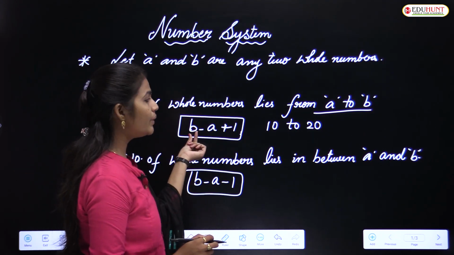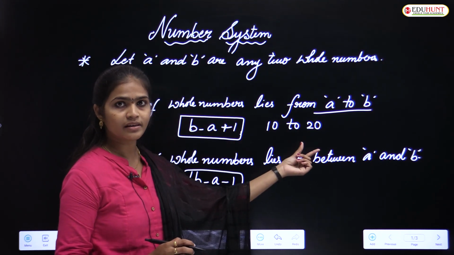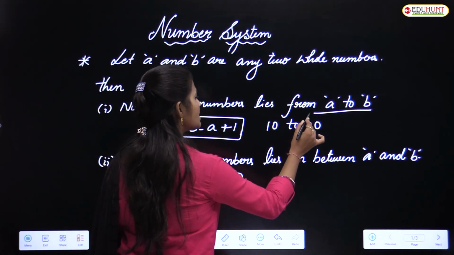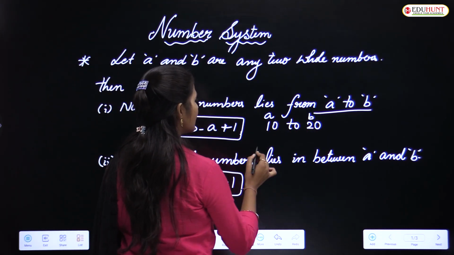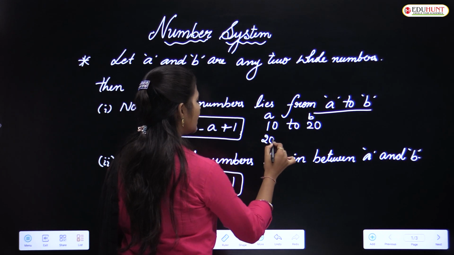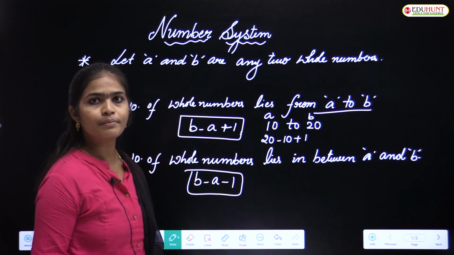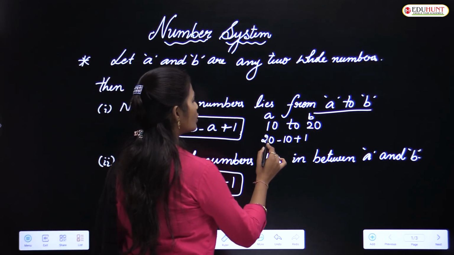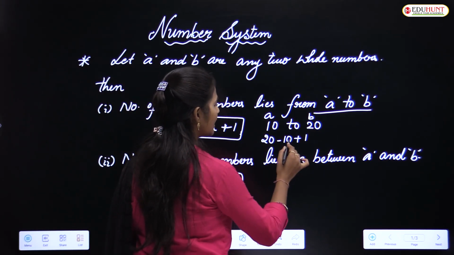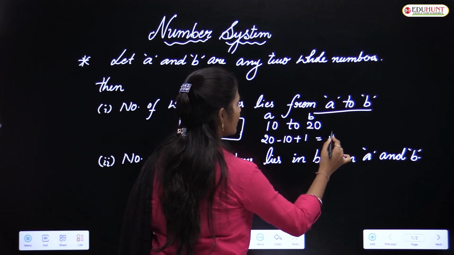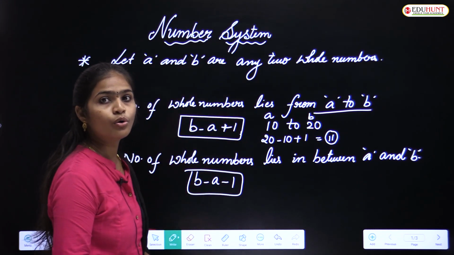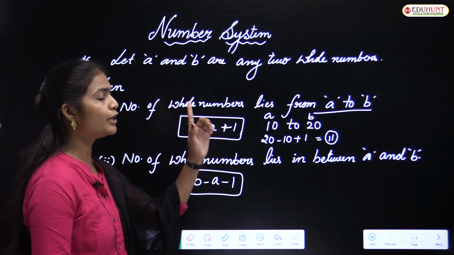See, here B means the greatest number. You know that, right? So this is B and this is A. So it is 20 minus 10 plus 1. 20 minus 10 is equal to 10. 10 plus 1 is equal to 11. So 11 whole numbers are there from A to B.